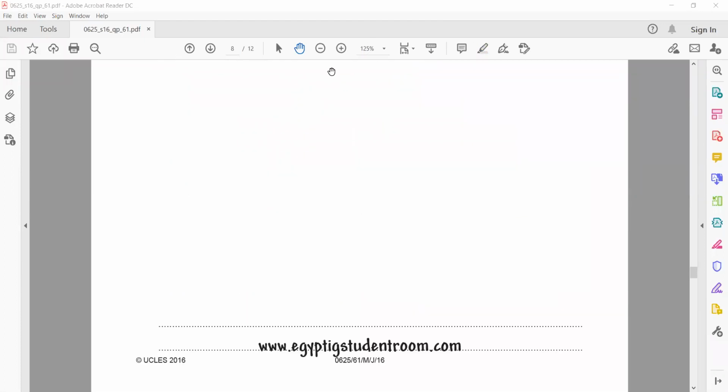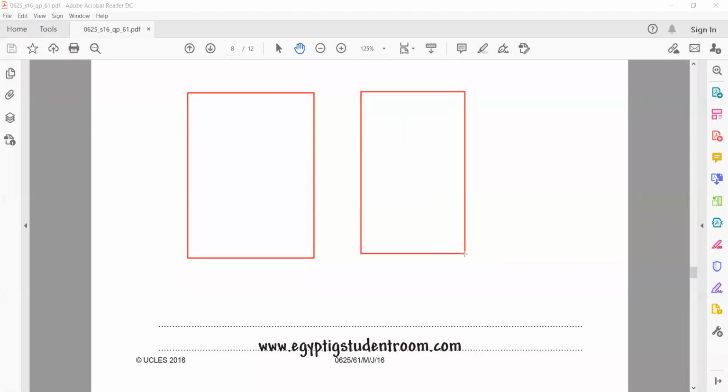Then the table with column headings. Because we are measuring a time interval and a temperature, we are making a 30-second interval.